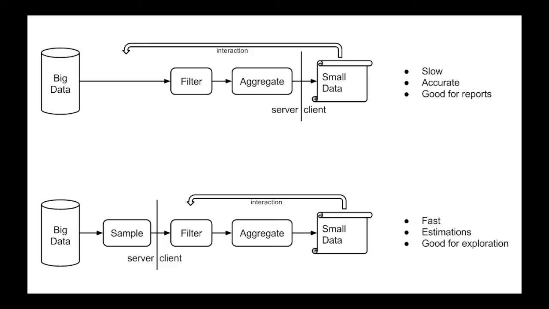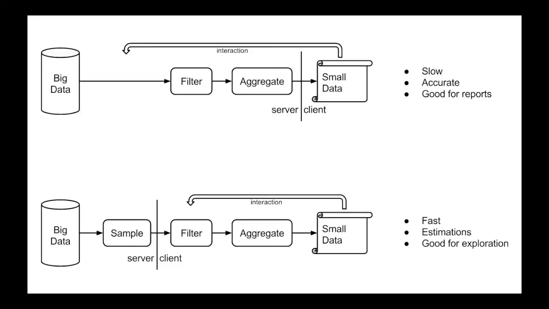You visualize the small data, and then when the user interacts with the system, changes the column they want to visualize, or zooms in, that triggers a new job that has to iterate over all the data and do the reduction, which may take a long time, right? So the downside is a slow cycle of iteration. But the good thing is it's very accurate, which is good for reports that you're going to print into a document that will last forever. It has to be accurate.